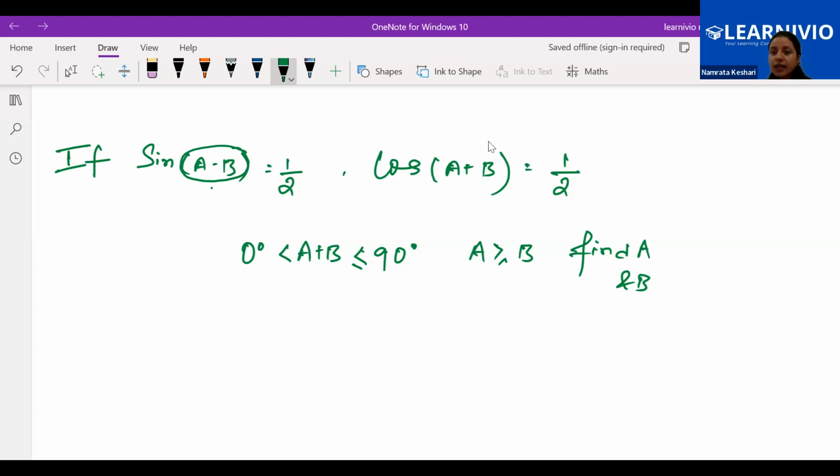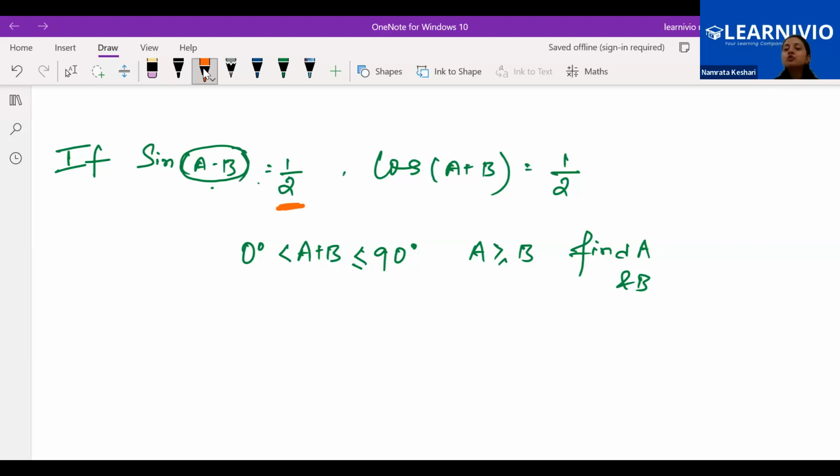Sine of a certain angle is equal to 1 by 2. So what we will do is write this 1 by 2 in terms of sine only, because the other side has sine of whatever the angle is.